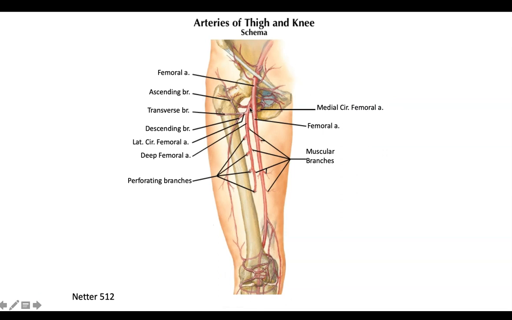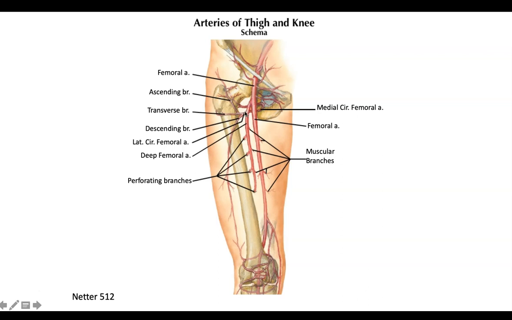The deep femoral artery normally has two important branches, the medial circumflex femoral artery and the lateral circumflex femoral artery. Usually they are branches from the deep femoral artery, but sometimes they may arise from the femoral artery itself. You know that circumflex means surround.